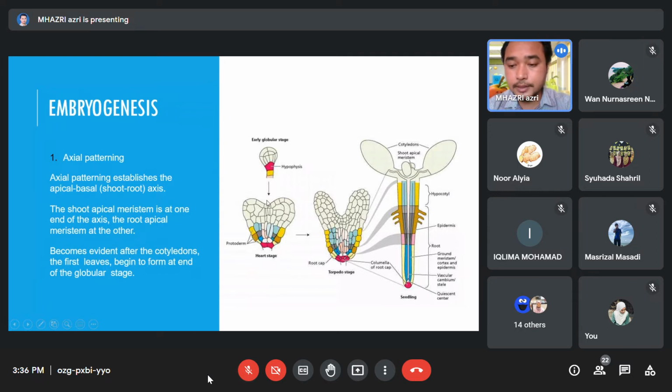The outer layer of this embryo will become epidermis.